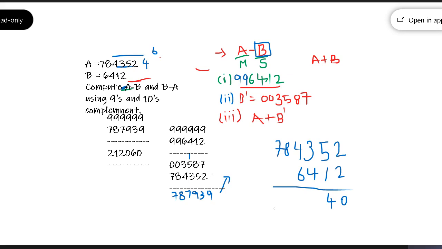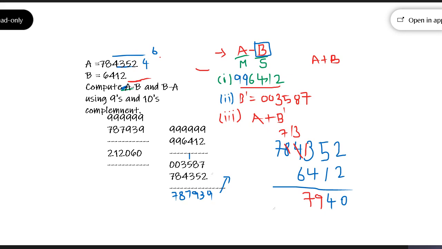So this becomes 3, this will become 9. Next, again this will become 7. This is 13, so this is 7.